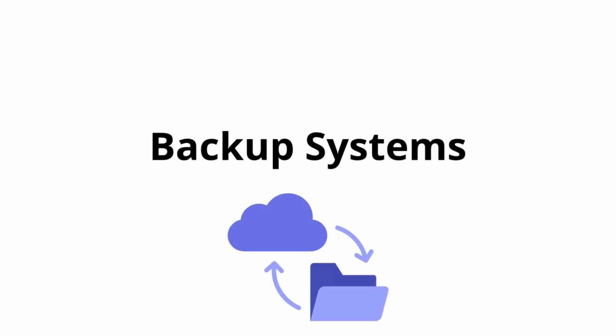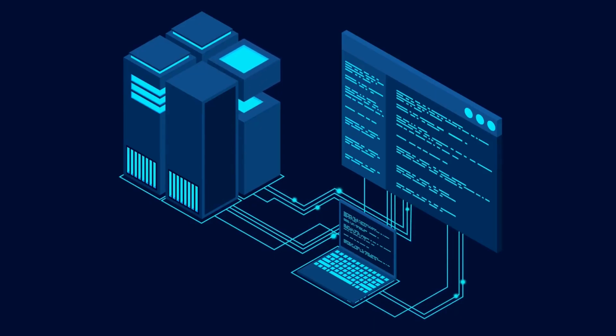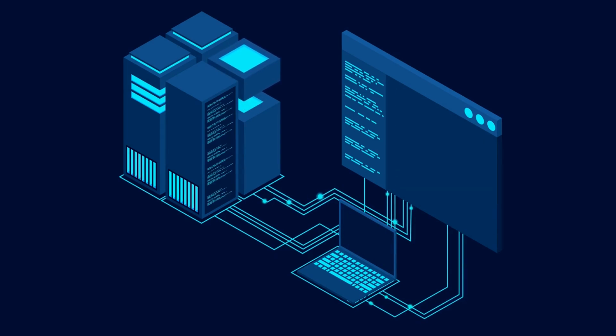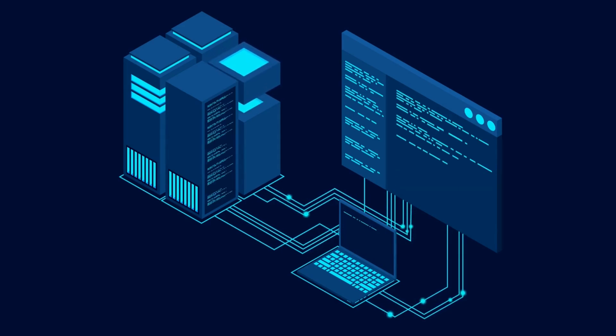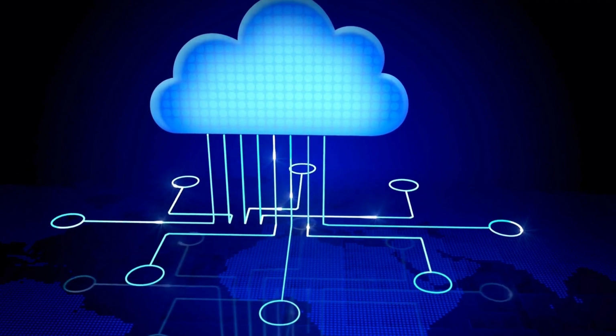Number 3, backup systems. Schedule automated backups of critical files to secure locations or cloud services. Then test the recovery processes regularly to ensure that the data can be restored quickly in case of an incident.